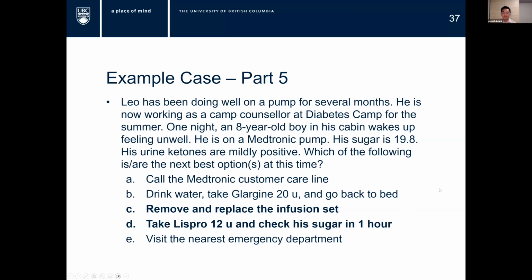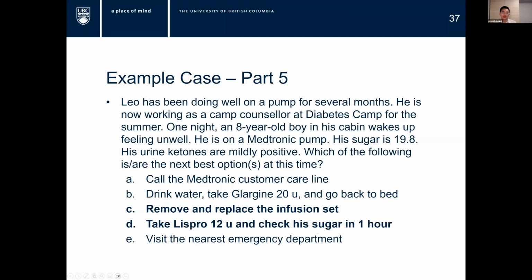In terms of what you could do, I would say C and D are probably the most optimal things to do, because oftentimes what could be happening in this situation is that there is an issue with the infusion set. So it's oftentimes helpful to remove that and put a new set in.